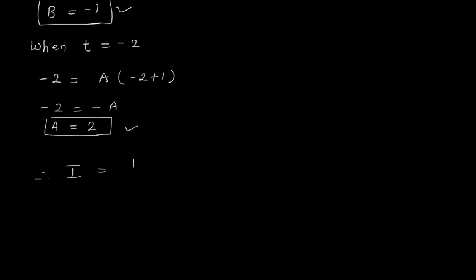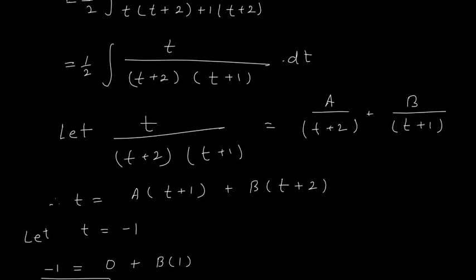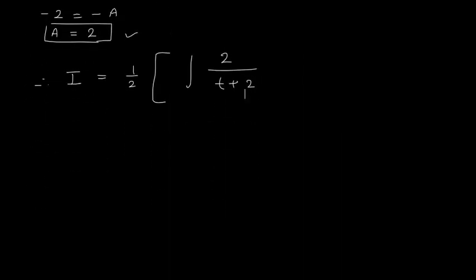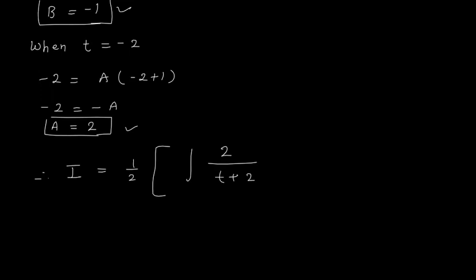I will take out 1 upon 2. Then I have a upon t plus 2, that is the integration of 2 upon t plus 2, right? Let us check: a upon t plus 2 plus b upon t plus 1, where the value of b is minus 1. So here we have minus 1 upon t plus 1 into dt. So we will integrate, taking out 1 upon 2.